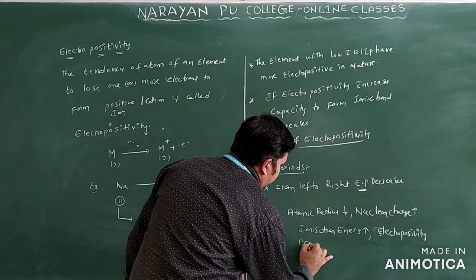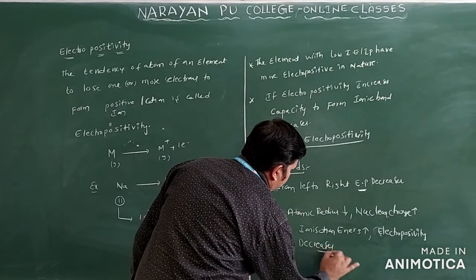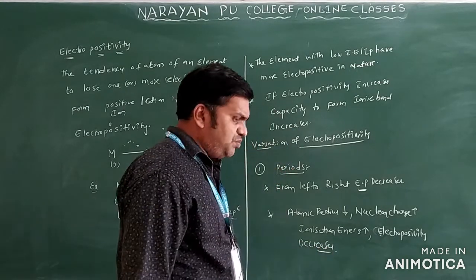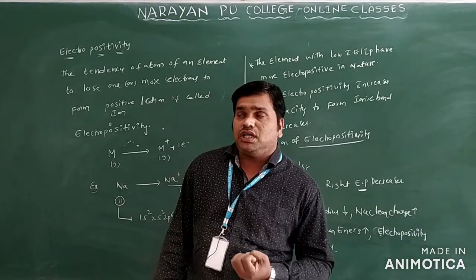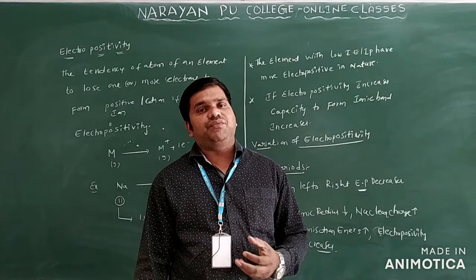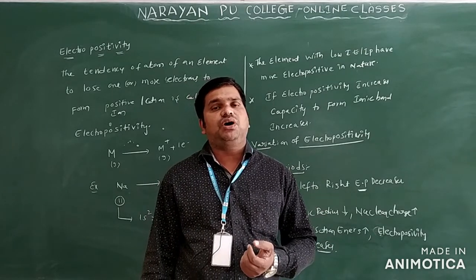Simply, if the radius is small, electropositivity will be less. If the radius is more, electropositivity is more.